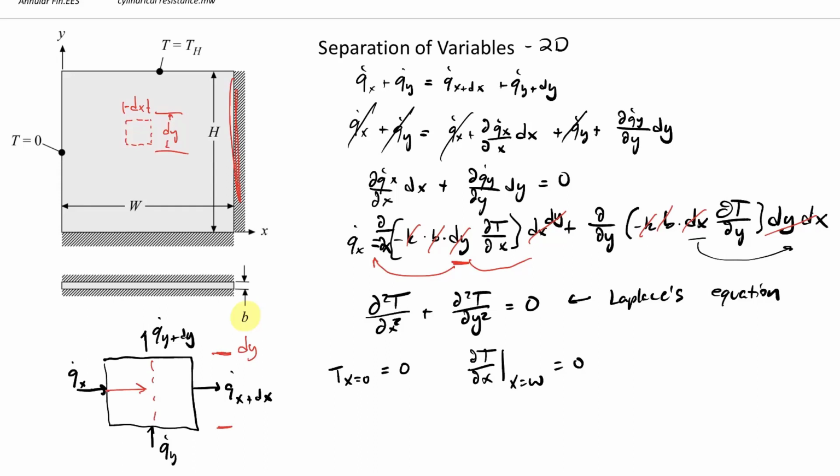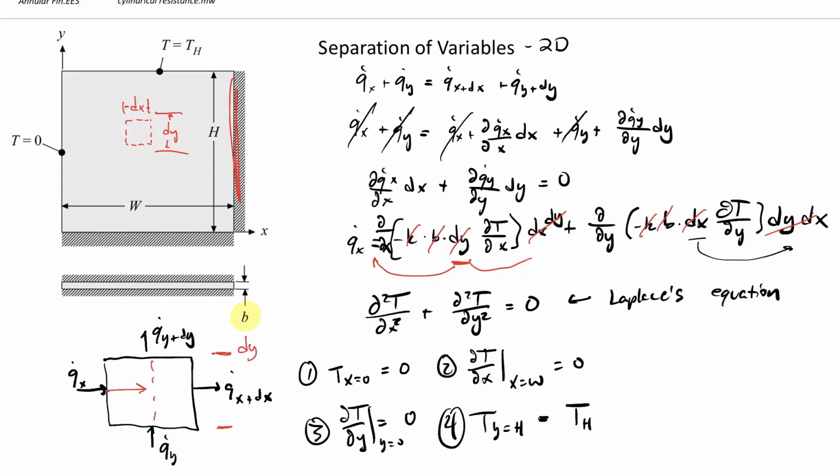Okay, and then in the y direction, at y equals 0, we have adiabatic as well. So that's dT/dy at y equals 0, that equals 0. And then our boundary condition on the top is T at y equals H equals T hot, TH. Okay, so we have 1, 2, 3, 4 boundary conditions for this problem.